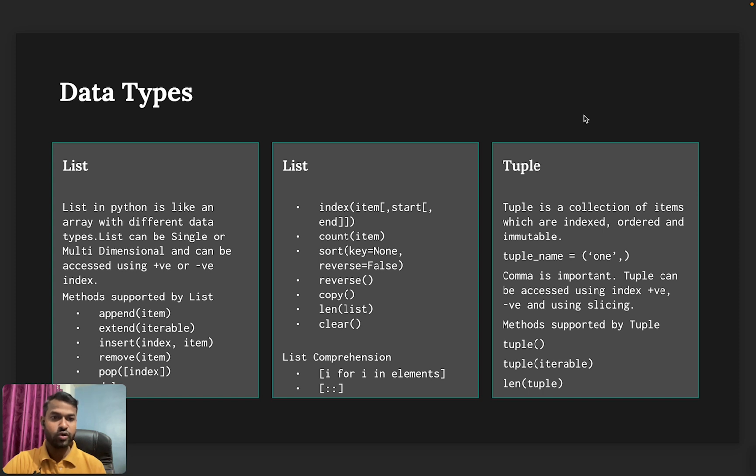Before going to the technical part or program, we will understand some use cases of tuple. A tuple is mostly used when we have to return multiple elements from a function. In other programming languages, we can return only one value from a function, but in Python, we can return multiple values.